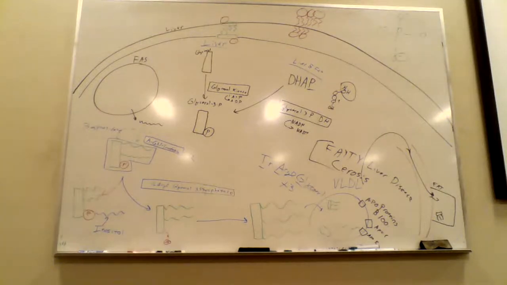If someone came into your clinic and you ran a blood test on them and you saw that their lipids were extremely high in the blood, what are 3 different things that might be going on? And you don't need to all have the same 3 things, but at this point I think you can come up with 3 things that might be going on. Not all of them necessarily we're talking about today.